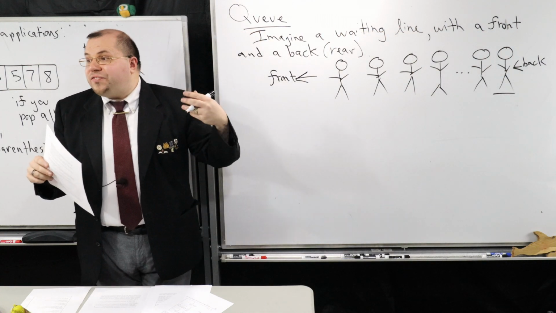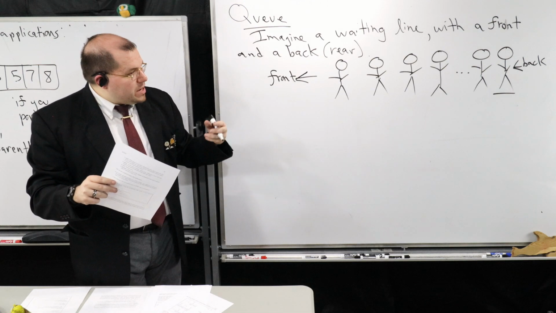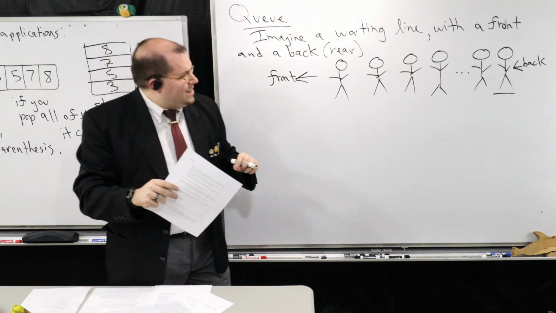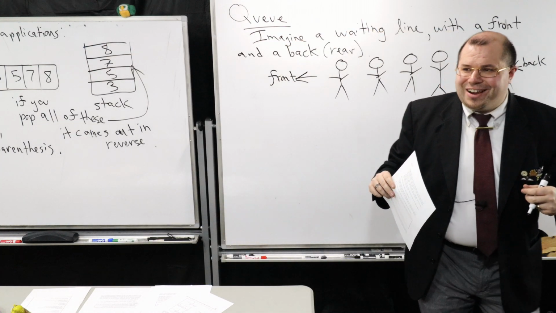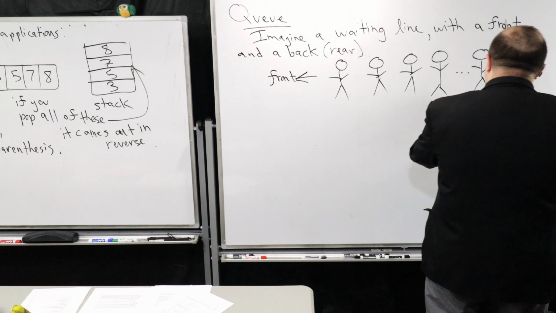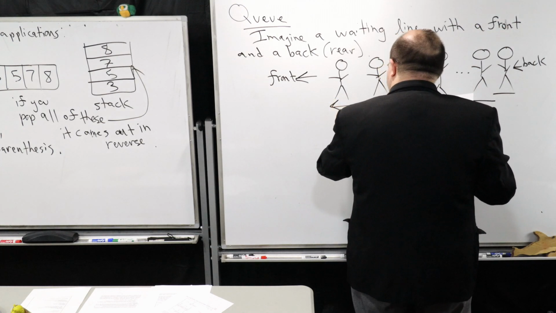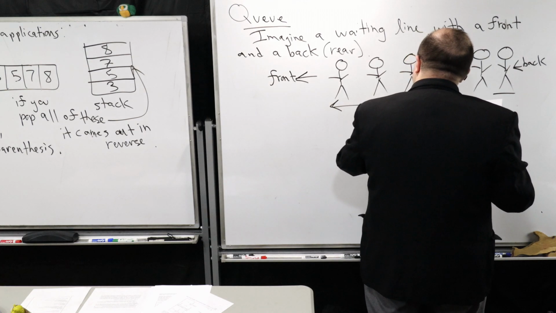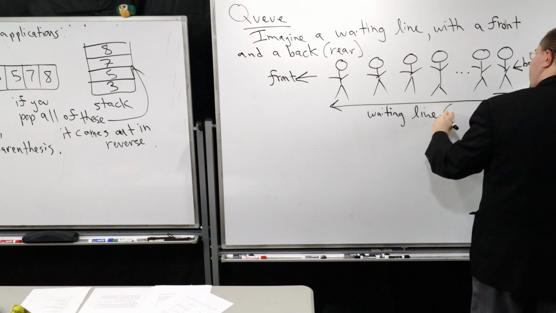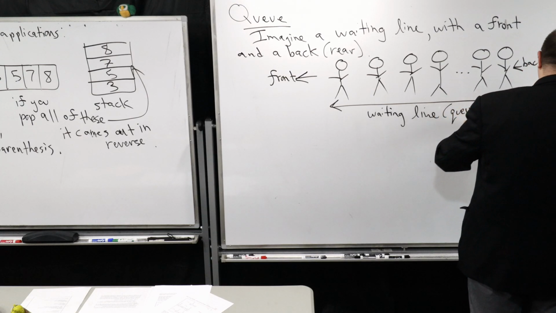And we call this FIFO, first in, first out, because when you're the first in, you're going to be the first one that leaves. It's like first come, first serve, right? So if you think of this as a waiting line, this would be the queue.